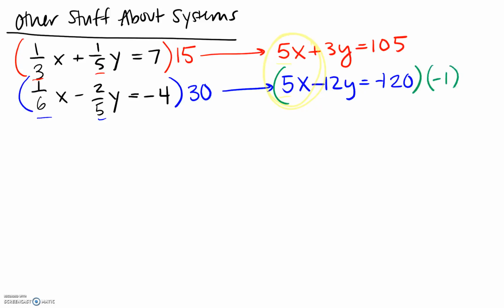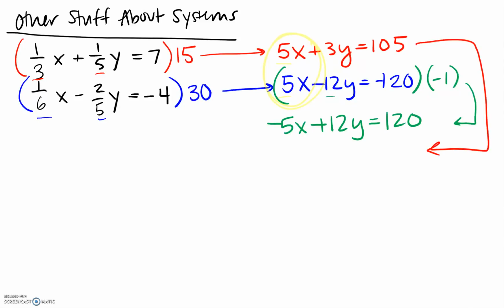I'm choosing the second equation because these negatives are going to turn into positives, which seems nicer to me. So if I do that, I'm going to get negative 5x plus 12y is equal to a positive 120. This is now the opposite of my first equation, so I'll rewrite that: 5x plus 3y is equal to 105.